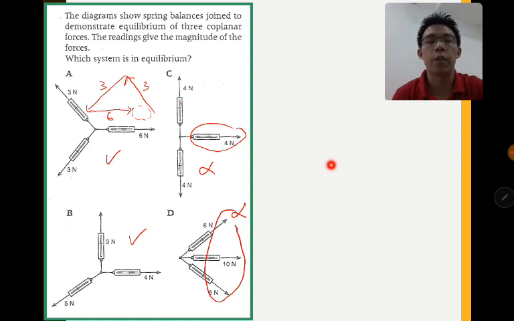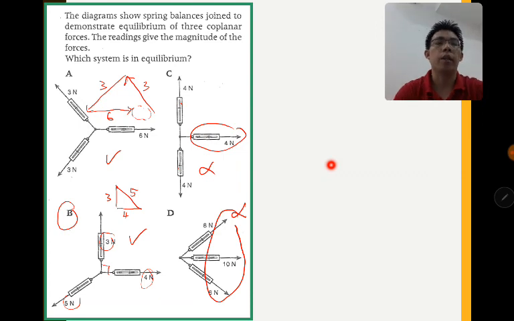That one has to be checked in detail, but B will assure us in a simpler way, because we have 3, 4, 5 here and it's 90 degrees. According to the hypotenuse rule, 3 squared plus 4 squared, then you root it, you become 5. So B can be quickly verified.